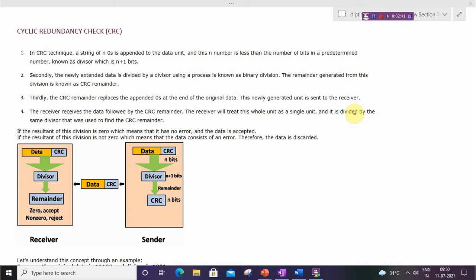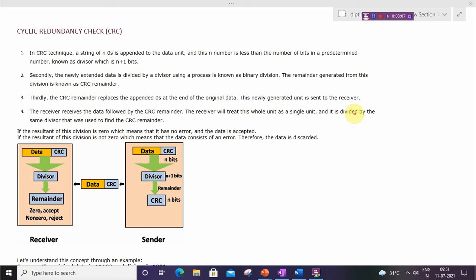The receiver receives the data followed by the CRC remainder. The receiver will treat this whole unit, the data and the CRC, as a single unit and divide it by the same divisor that was used by the CRC generator.